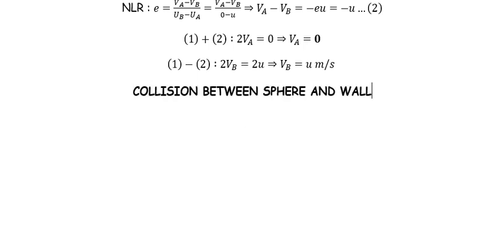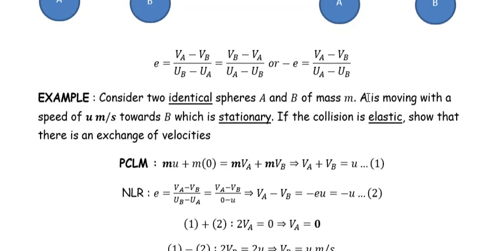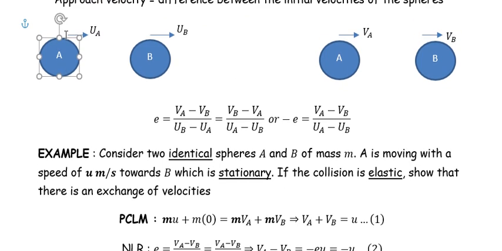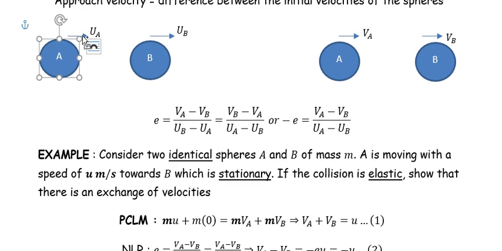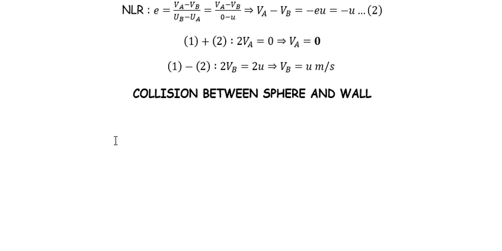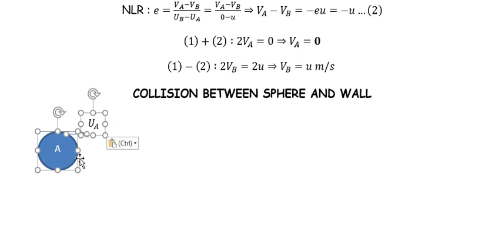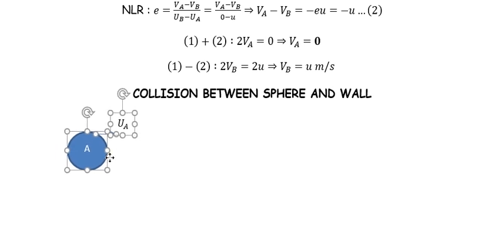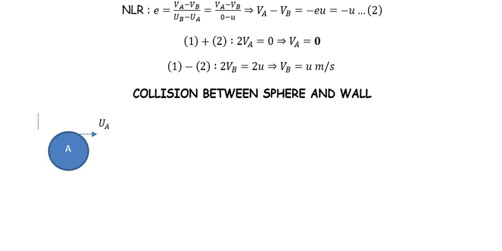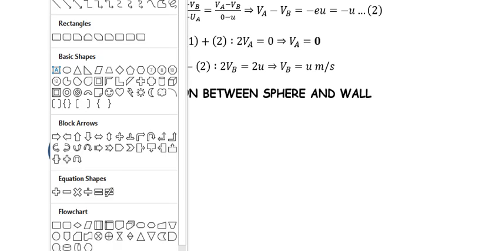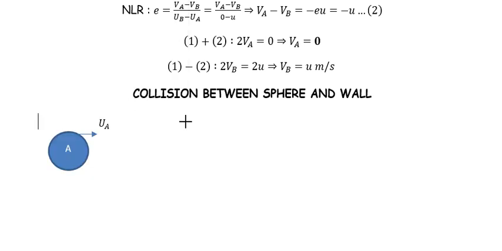Let us suppose that we have a sphere A. Now this sphere is moving towards a stationary wall. The wall cannot move, right? So there's no even need to call it stationary.